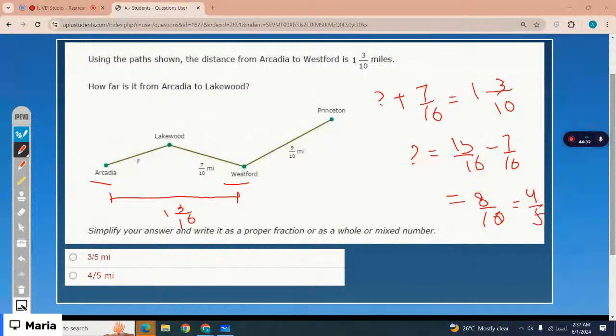Option number 2 is the correct option, right? The correct option is option number 2.